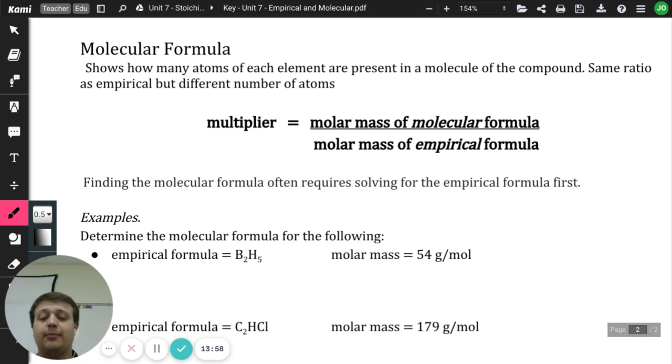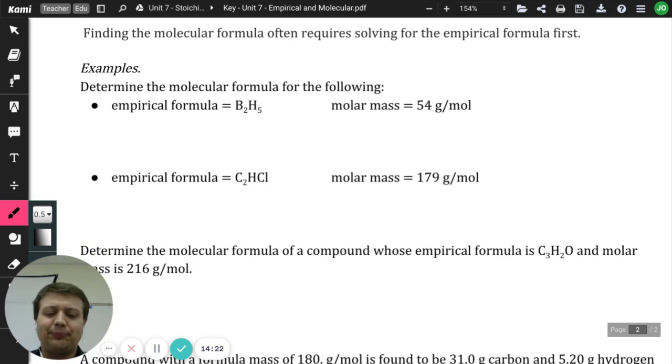I'm going to take the molar mass of the molecular formula, so the molar mass of the entire thing, and then take the molar mass of my empirical formula and divide the two. That's going to give me a single whole number, okay? And I'm going to use that to multiply by my empirical formula. Now, that probably doesn't make sense just talking about it, so let's actually solve for what that looks like.